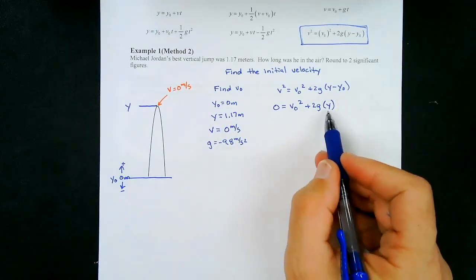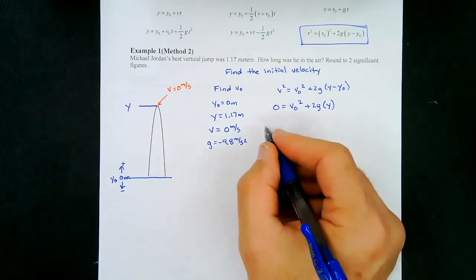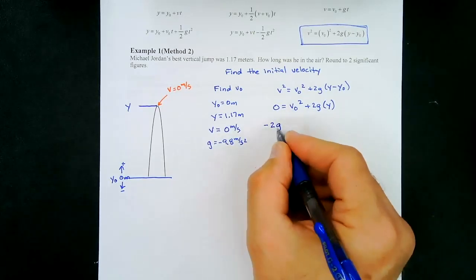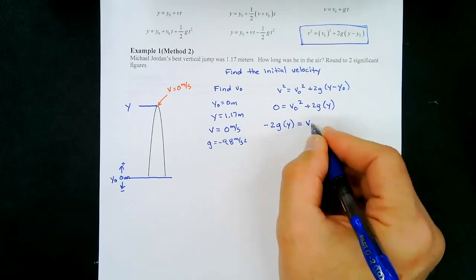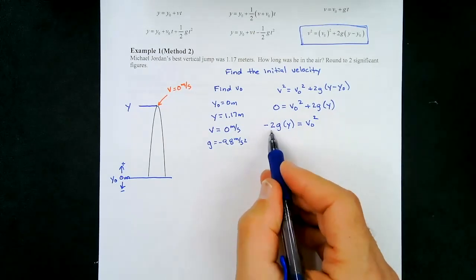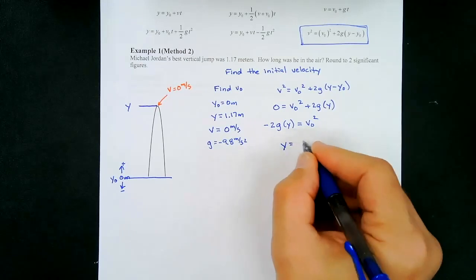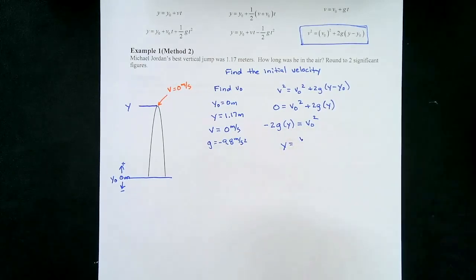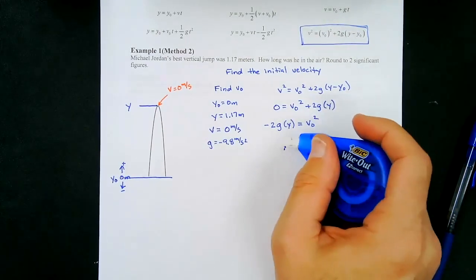Okay, so I'm going to move the 2gy over to the other side, and we get negative 2g times y is equal to v sub 0 squared. And then I'm just going to divide both sides by this negative 2g, and I get y is equal to, I'm sorry, I'm solving for v sub 0. Hold on. I forgot what I was solving for.